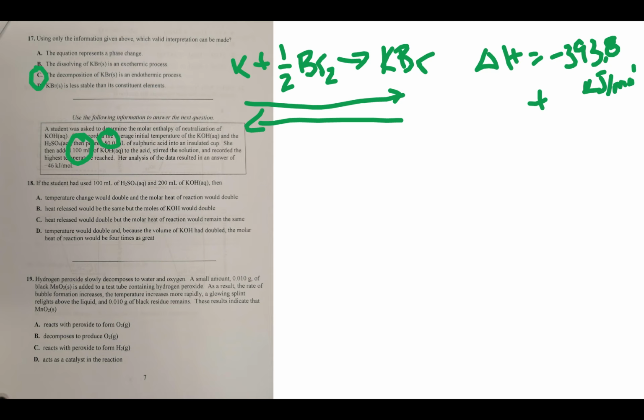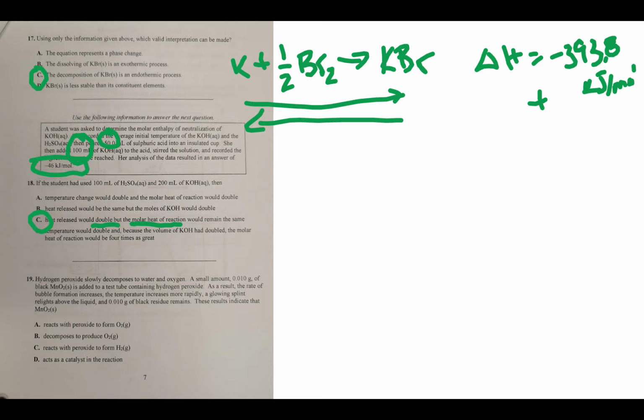But in terms of your molar enthalpy, if you look at kilojoules per mole, that is per 1 mole reacting. So that does not change. That's mole ratios. That's going to be the same every time. So the answer here is going to be C. Your heat will double because we've doubled everything, but the molar heat of the reaction, figuring out for 1 mole, that's going to stay the same.